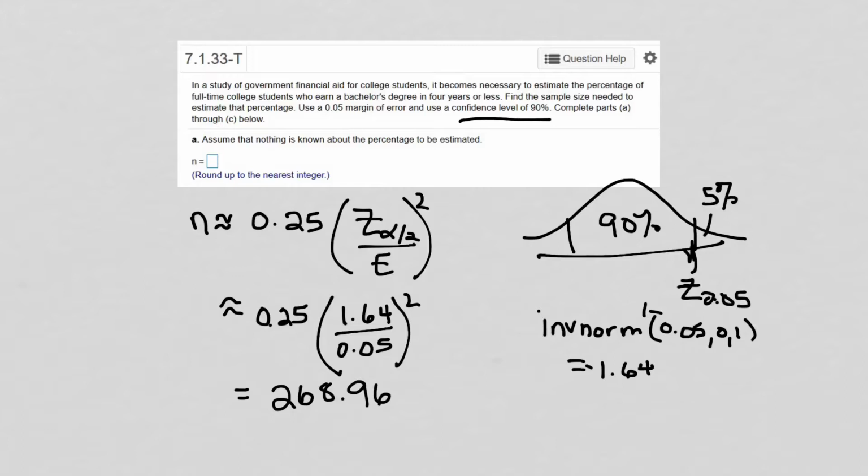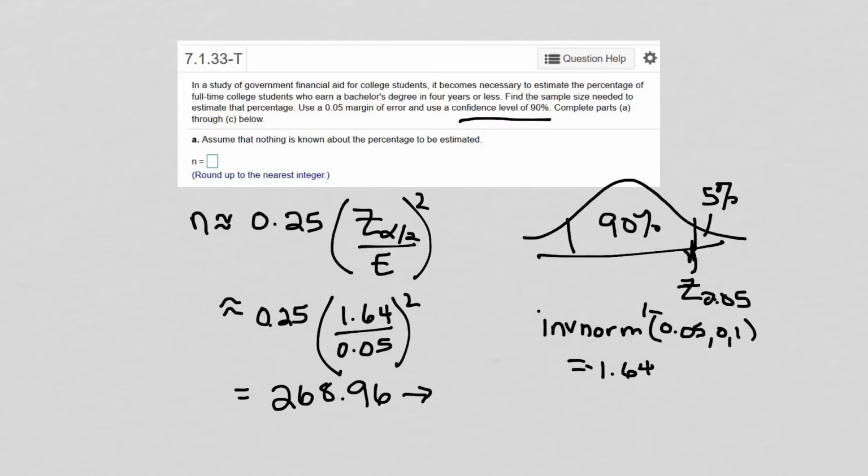Now, in these cases, we're looking for the number in the sample size. It has to be a whole number. So we're always going to go up because we'd rather go up to the next higher number. If you round down, then you're not going to quite have the confidence level you need or the margin of error.